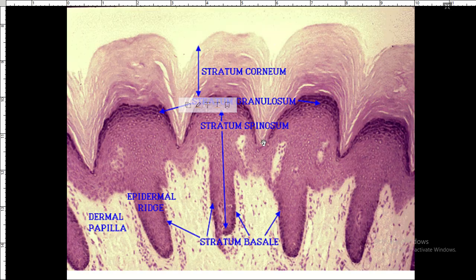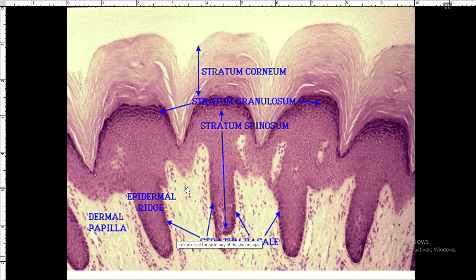For example, here, this is your epidermis and this is your dermis. You have invagination of the epidermis into the dermis, forming what are called epidermal ridges, and invagination of the dermis into the epidermis, like here, forming what you call dermal papillae.